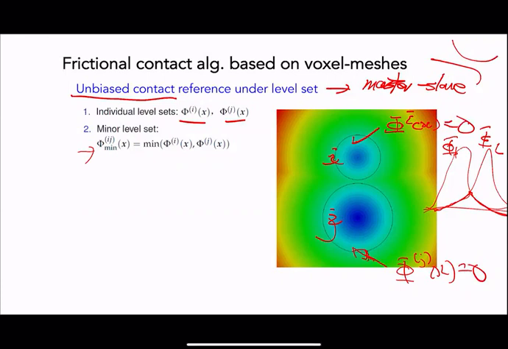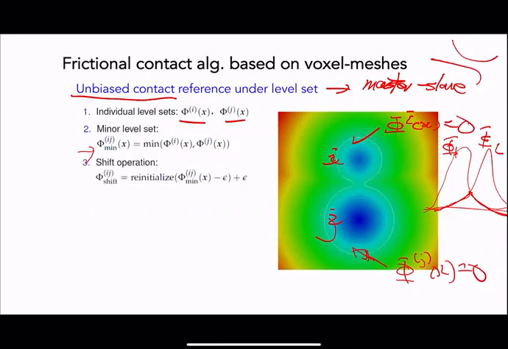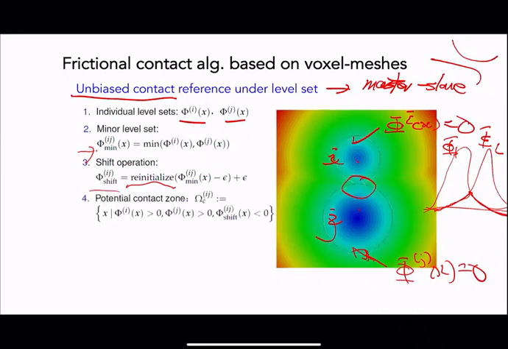Now, this minimum can be reinitialized to generate this particular intrinsic shape. This is useful because for two particles, we can use the level set functions to find out the rough location of the contact. Then we can find out which point set in the mesh fulfills this potential contact area.